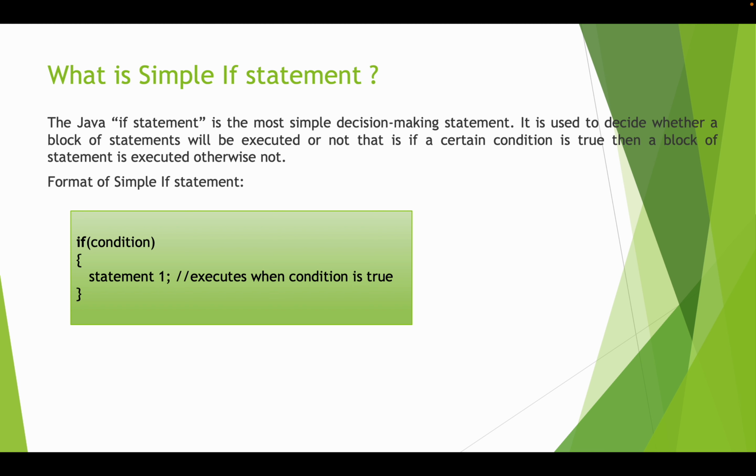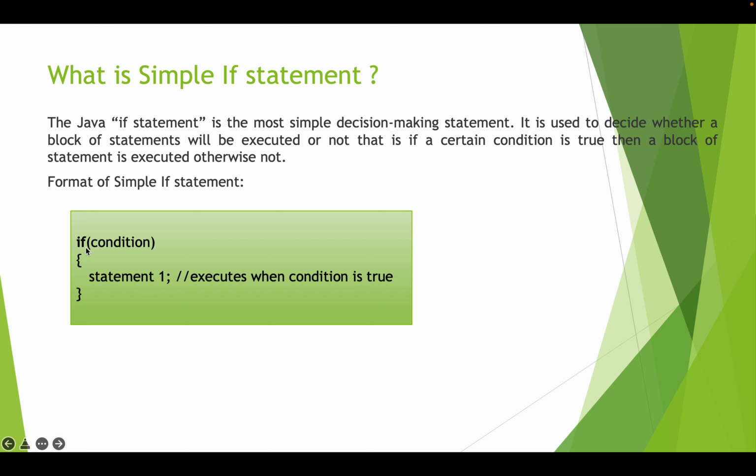What is a simple if statement? So guys, the Java if statement is the simplest decision making statement. It is used to decide whether a block of statements will be executed or not. That is, if a certain condition is true, then a block of statements is executed, otherwise not.